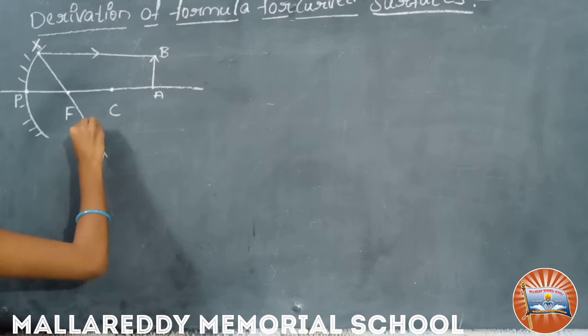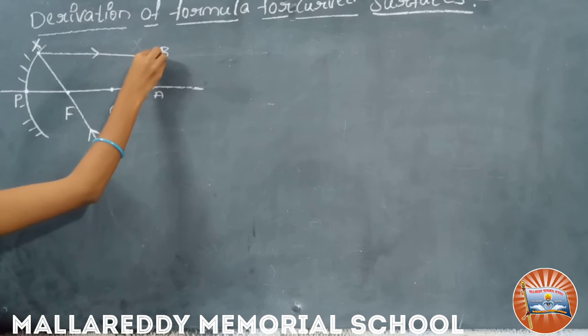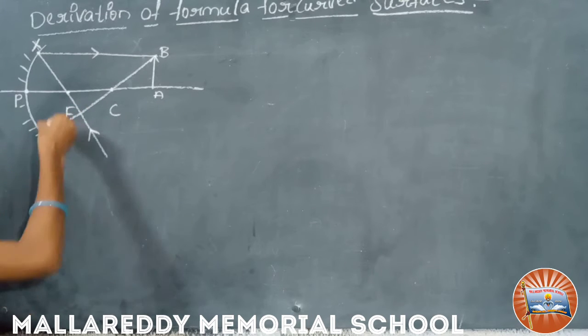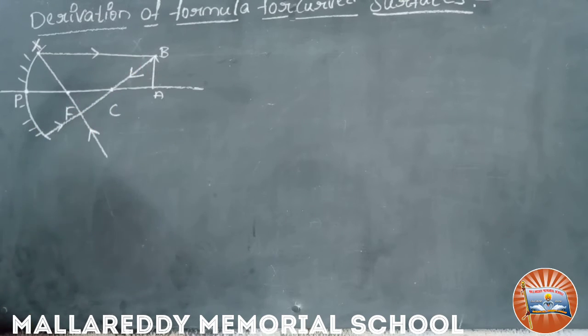Right? Now, from point B, again if the ray travels through the center of curvature, again it is reflected along the same path. So see here, the striking point take as Y. Okay.